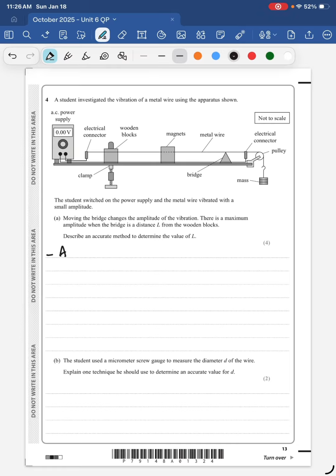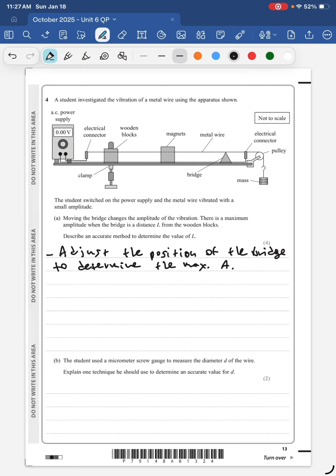So I guess you have to adjust the position of the bridge to determine the maximum amplitude. Use a meter ruler to measure L.